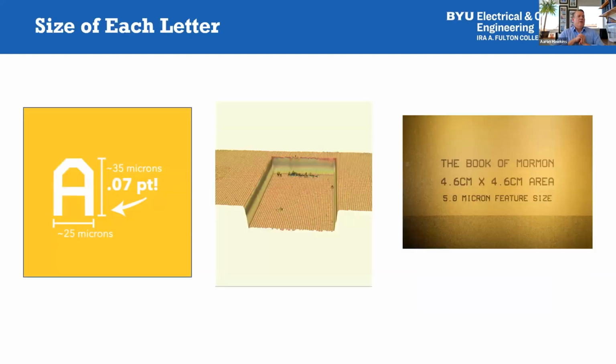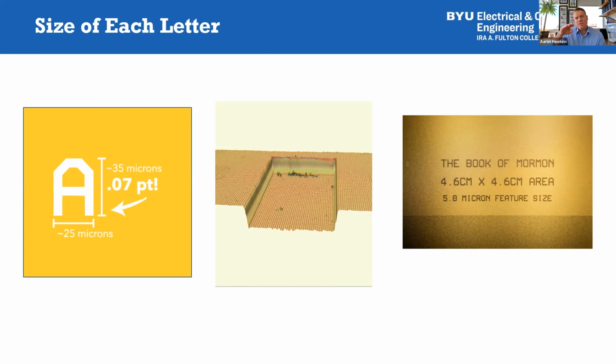All right, so if we zoom farther in and use a good microscope to look at an individual letter, this is how small each of those letters was. We're using 5 micron line width, and so each letter is about 25 by 35 microns. In the middle picture, this is called a 3D profilometer.